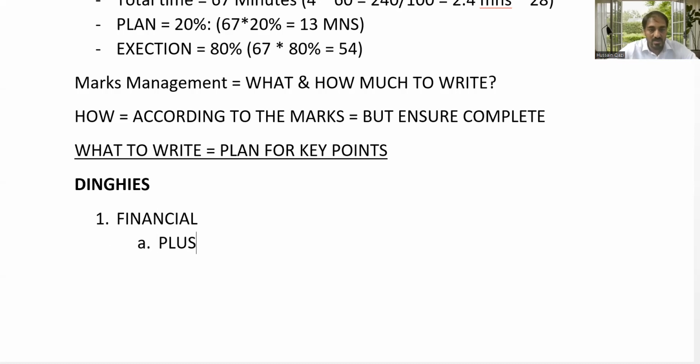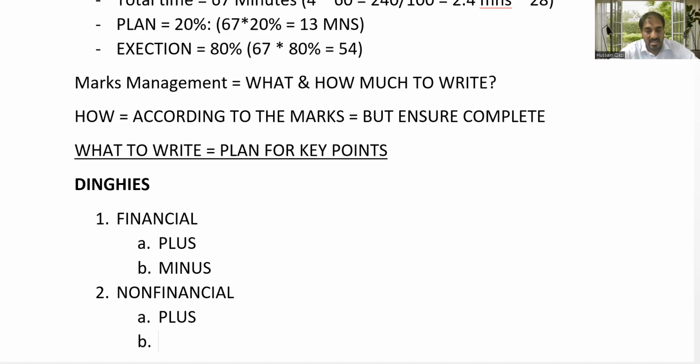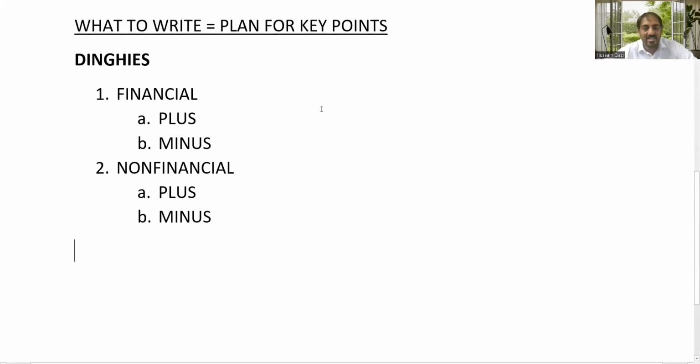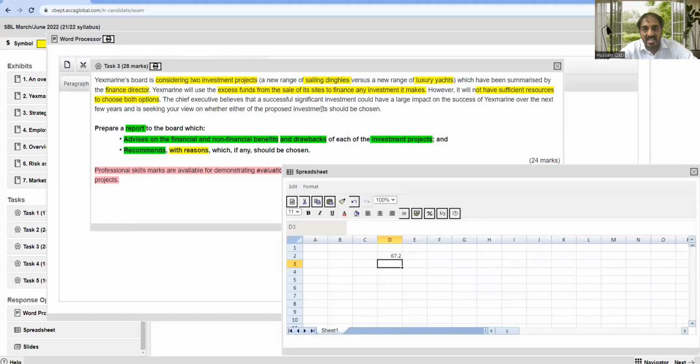Then you say I will discuss the plus, meaning advantages, then I will discuss the minus. Then non-financial factors: I will discuss the plus, then the drawbacks. Don't use the word minus, call it drawbacks. Then the other product, that is React.